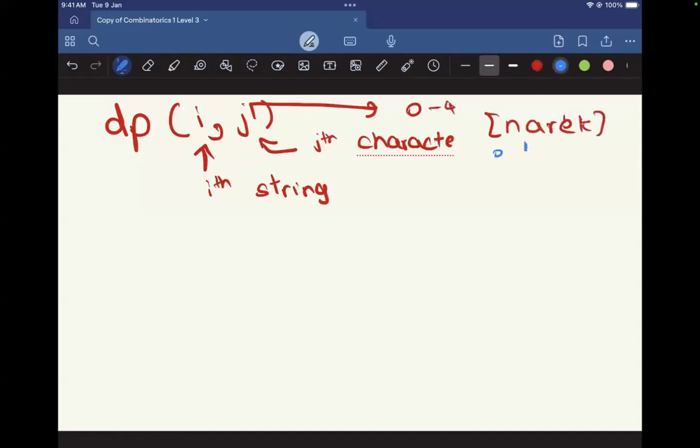This index 0, this index 1, this index 2, this index 3, this index 4. So if I am on, let's say dp of 1, comma 2, it means that on the first string, I have a choice either to take this string up or to not. But let's say if I do, I need to start taking R first, then E first, then K first, and so on and so forth. Yes or no, guys? Is this much clear?